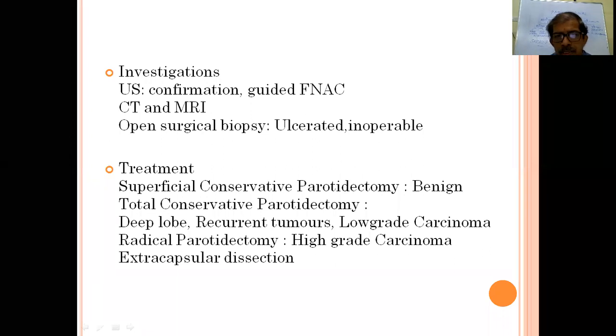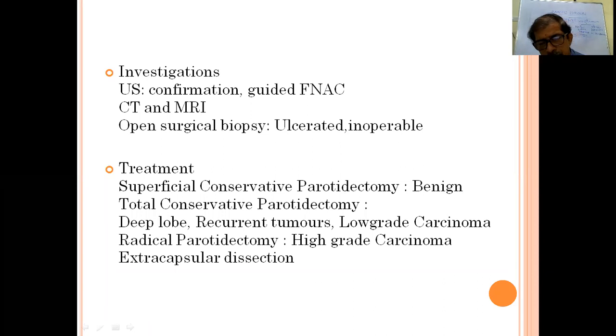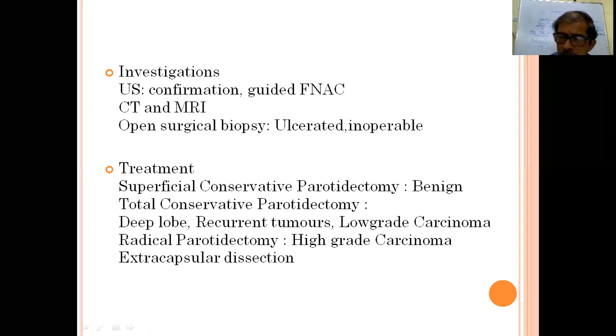Warthin's will never undergo malignant transformation, whereas pleomorphic adenoma can undergo malignant transformation. These are the differences. But in the treatment, it is all the same, irrespective of whether it is benign or a low-grade malignancy.